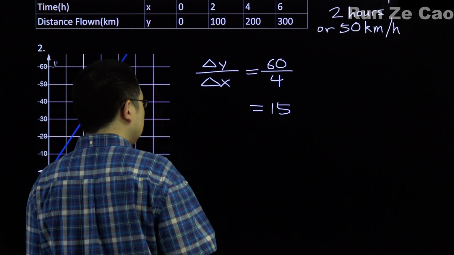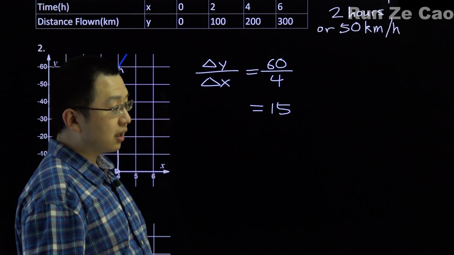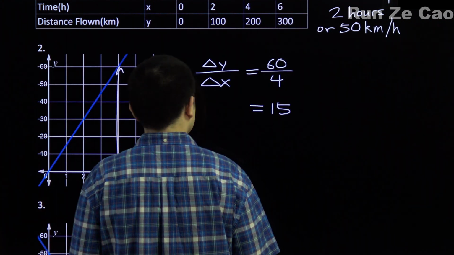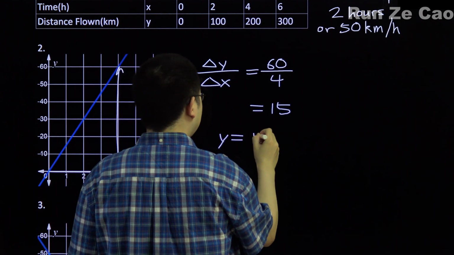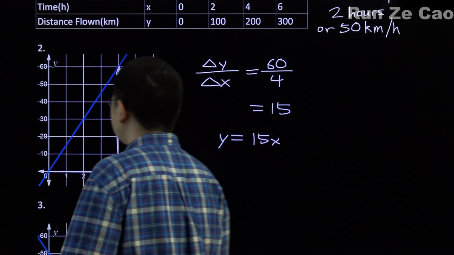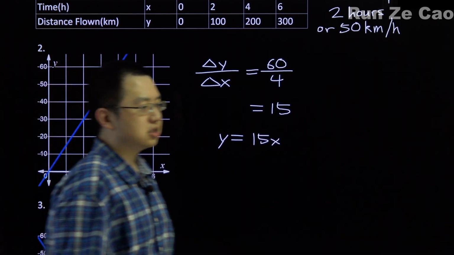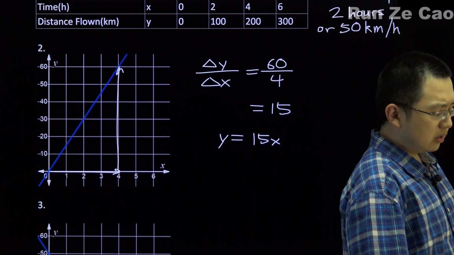So the rate of change is for every 1 x increases, y increases by 15. And because it seems to pass through 0, 0, the equation is probably y equals 15x. I mean, unless there's a plus 0.01 or something just to troll us, but your teachers will generally not do that for this sort of question.